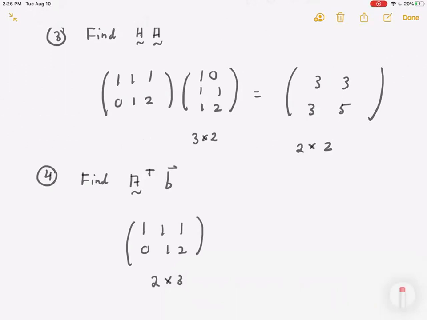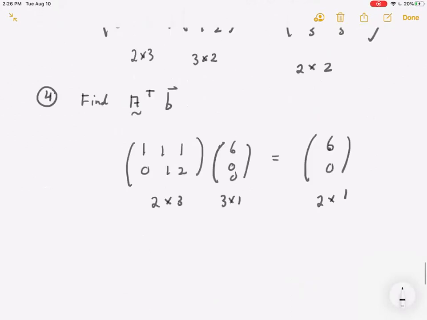So I'll just rewrite that. That's 2 rows and 3 columns. B is a 3 by 1 matrix. So these are compatible for matrix multiplication. And the result is a 2 by 1 matrix.